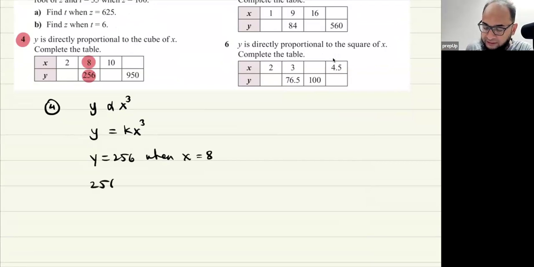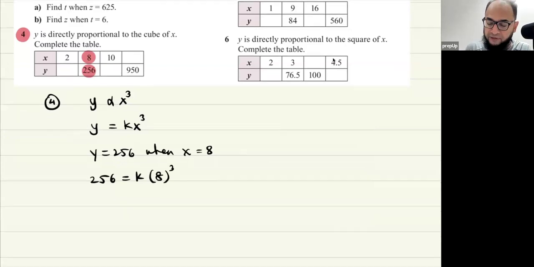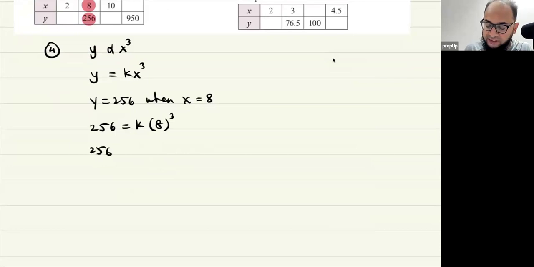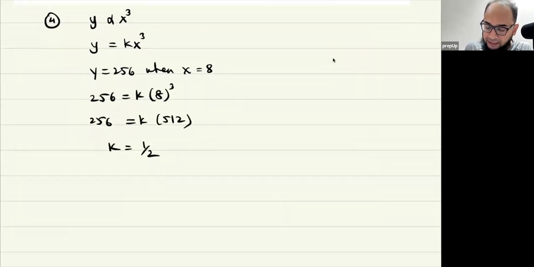So 256 is equal to k times 8 cube. So how much is 8 cube? That is 64, and let me multiply. That is 64 into 8. That comes out to be 512. So 256 is k times 512. Therefore, the value of k is half. Therefore, the equation is y is equal to half x cube.